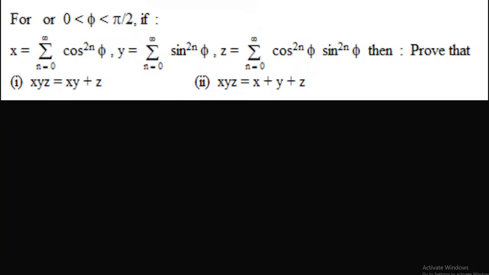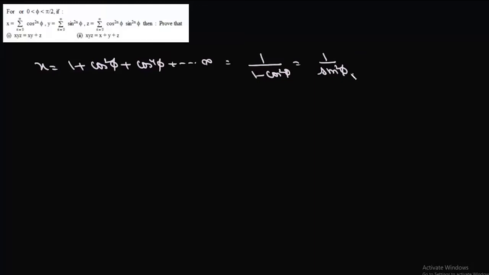Now here in the question, we are given x, y and z. Now x is this GP 1 plus cos square phi plus cos to the power 4 phi up to infinite. So this is a upon 1 minus r, which is 1 upon sin square phi.